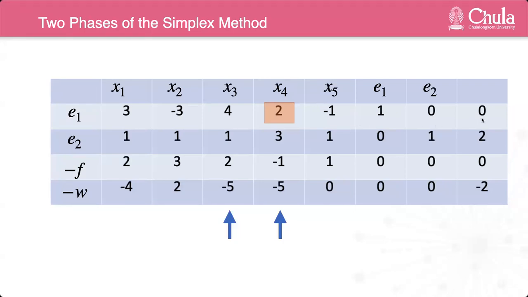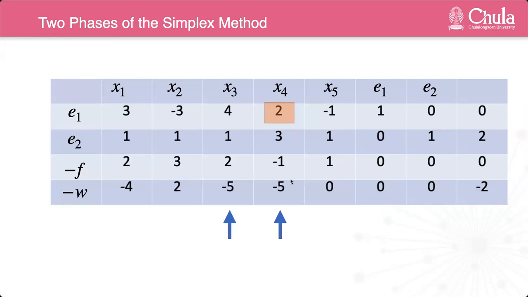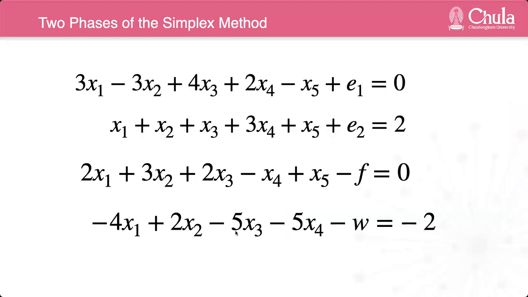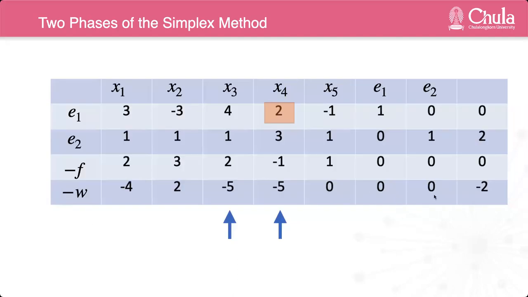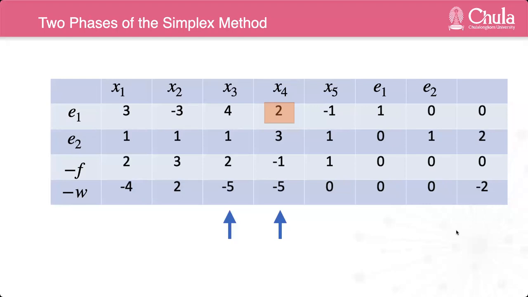The second line is also straightforward. The third line is 2, 3, 2, minus 1, 1, minus 1, 1, and 0. And the last line: minus 4, 2, minus 5, 0, 0, and minus 2. The aim of the first phase is to guarantee that W is 0.